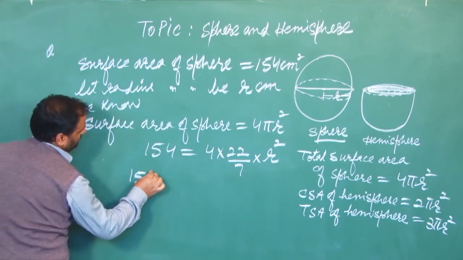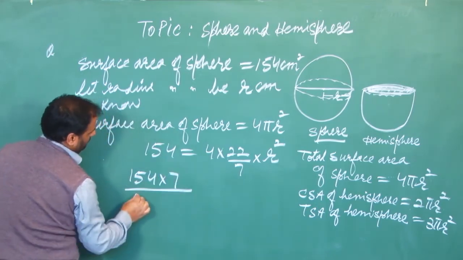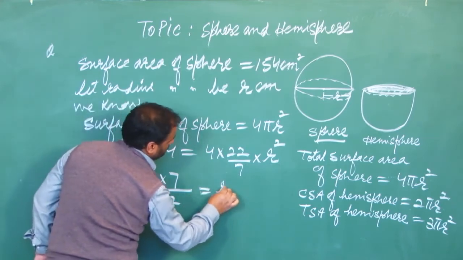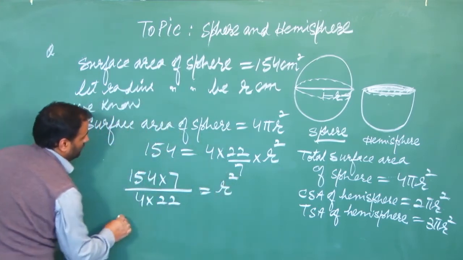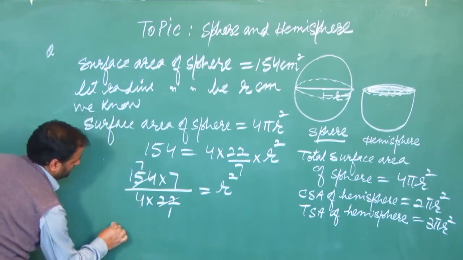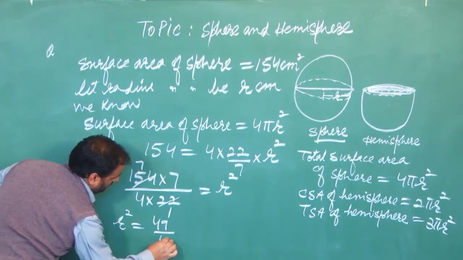Now, by cross multiplying, 7 goes into the numerator and 4 into 22 towards the denominator on the other side. This is called transposing. So, r square is equal to 49 by 4.